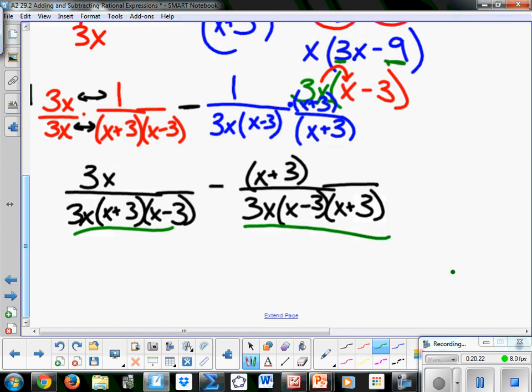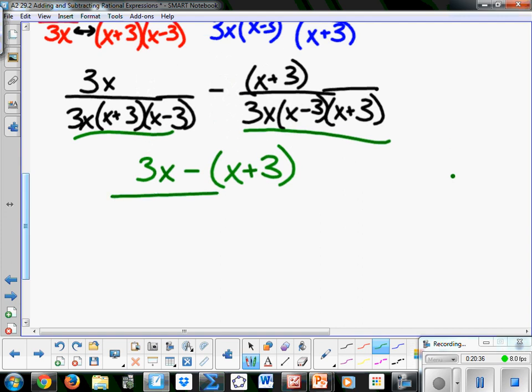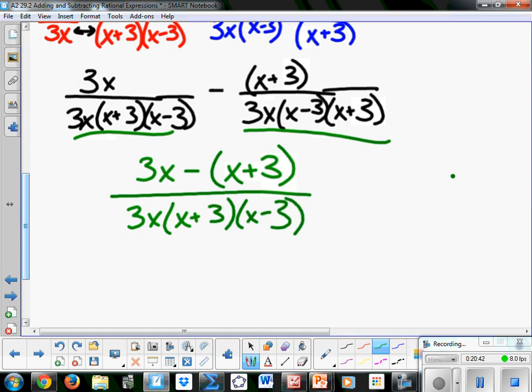Okay, so since I do have my common denominators, I'm going to add these together. So I have 3x minus, I'm leaving this in parentheses. I know I mentioned that before, but I'm just reminding you. So we've got 3x times x plus 3 times x minus 3. When this is in parentheses, that means I'm distributing my negative to both parts of this.